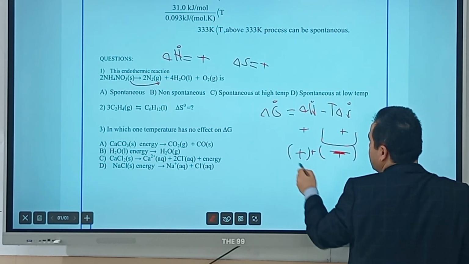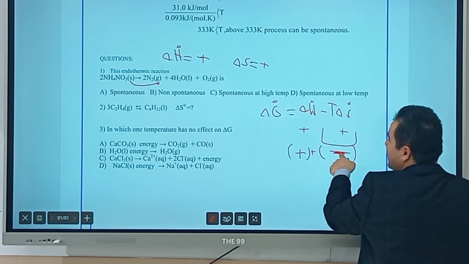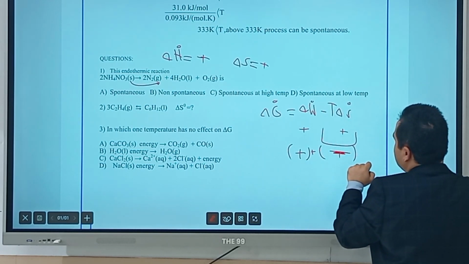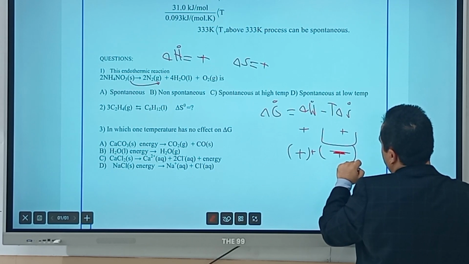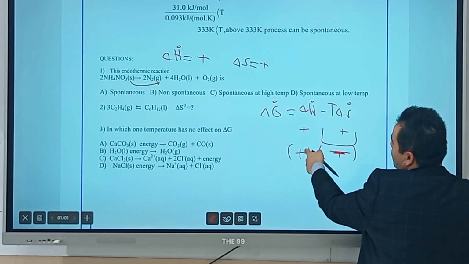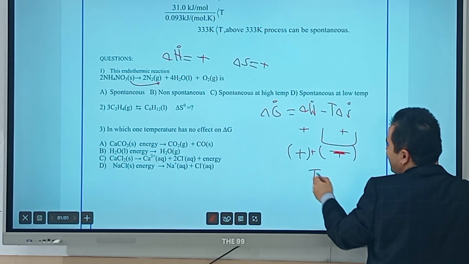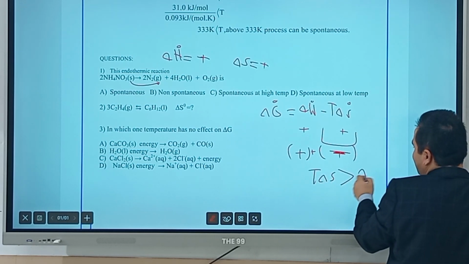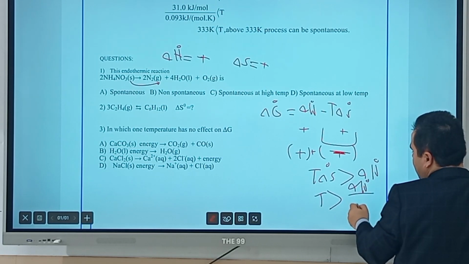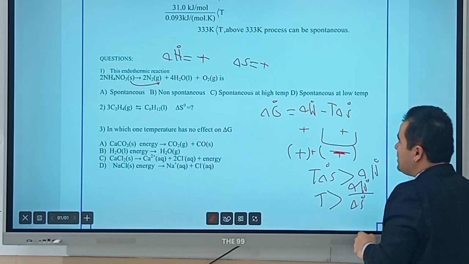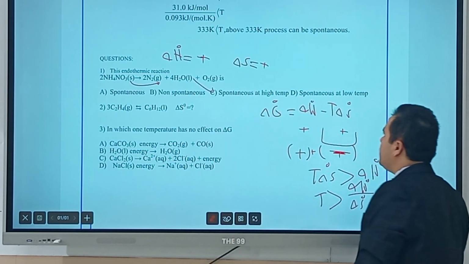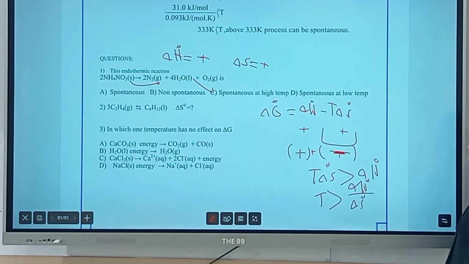So it will be spontaneous at high temperature, since this side must be higher than the other side. So T delta S higher than delta H will be spontaneous, or T higher than the division of delta H to delta S is spontaneous. So it's spontaneous at high temperature. C is the correct answer.